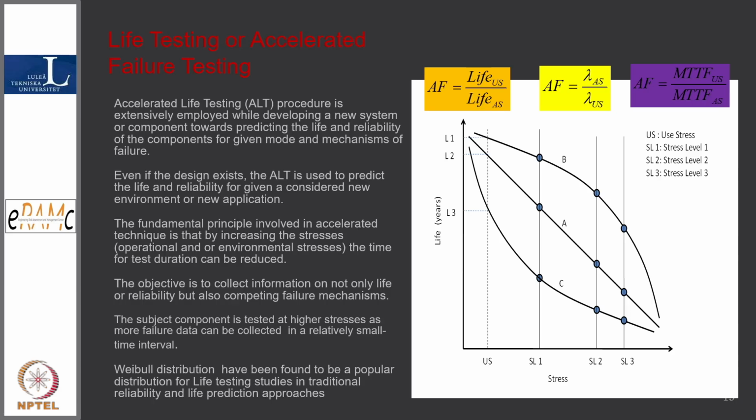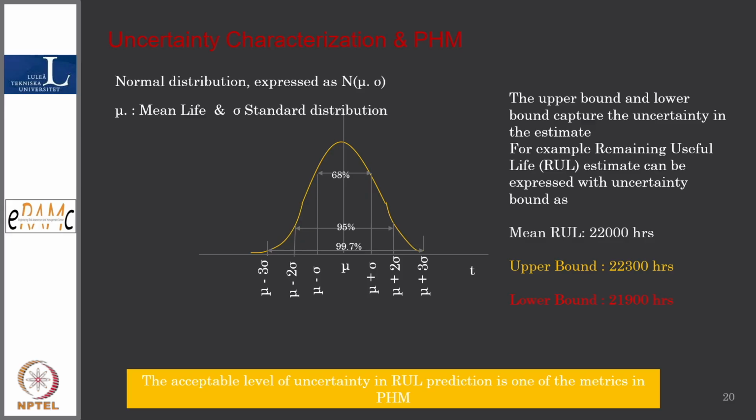Now I was talking about uncertainty. Uncertainty characterization: you have the test population, and let us say we assume that it is expressed by a normal distribution.